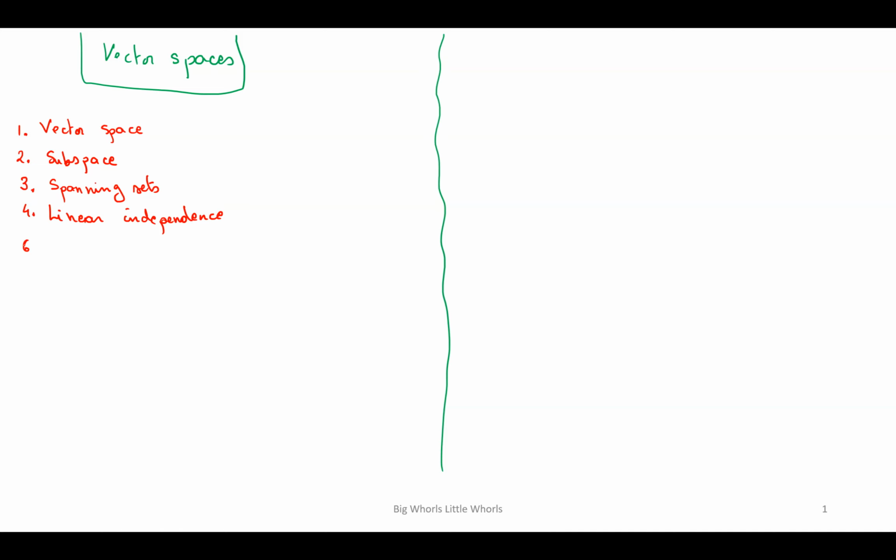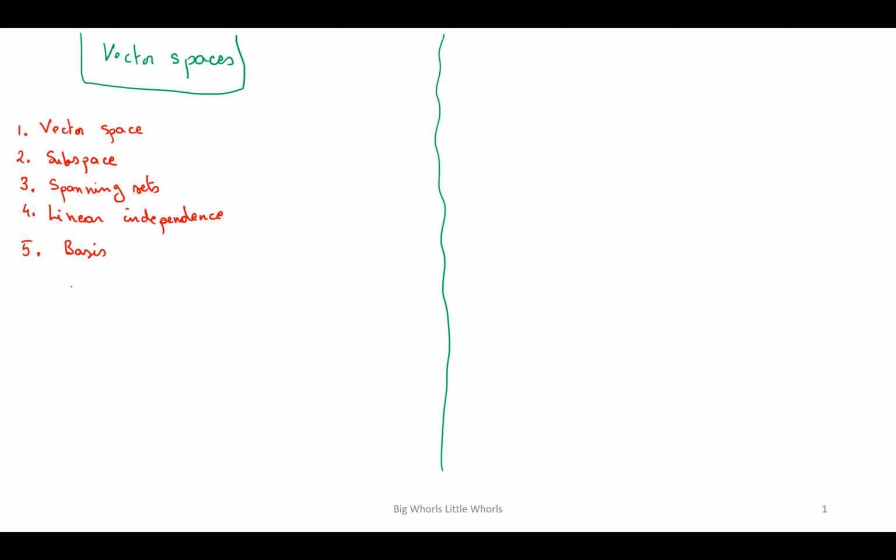Number 5. The next concept was a basis. We have defined a basis of a vector space as a set that is linearly independent and that spans the space.